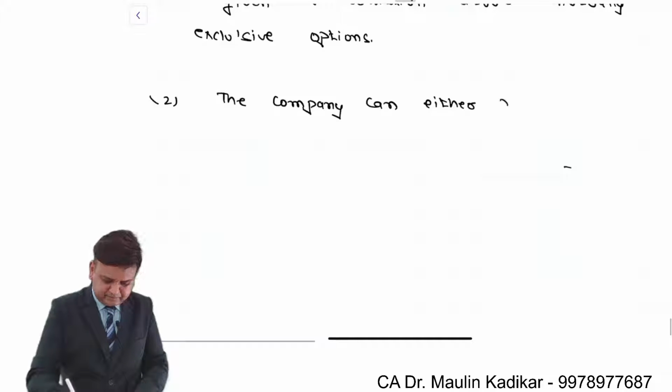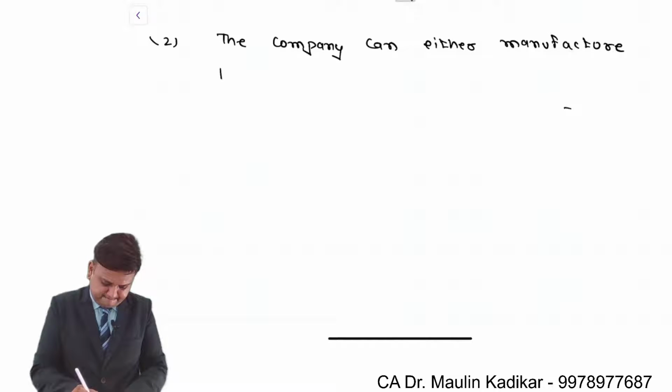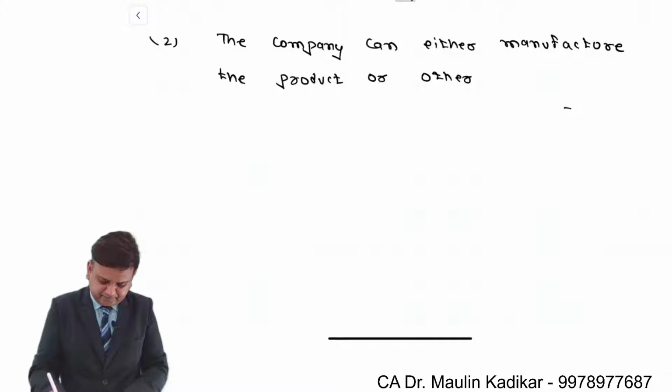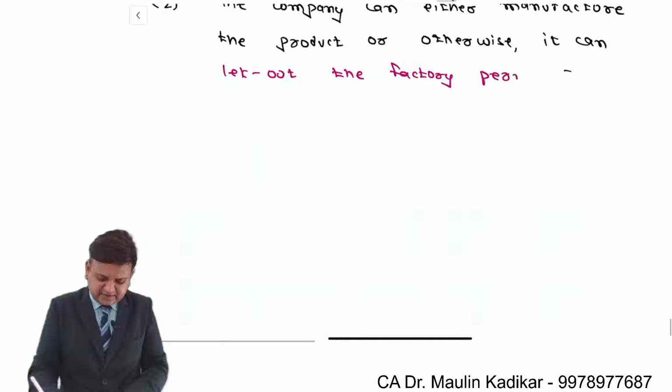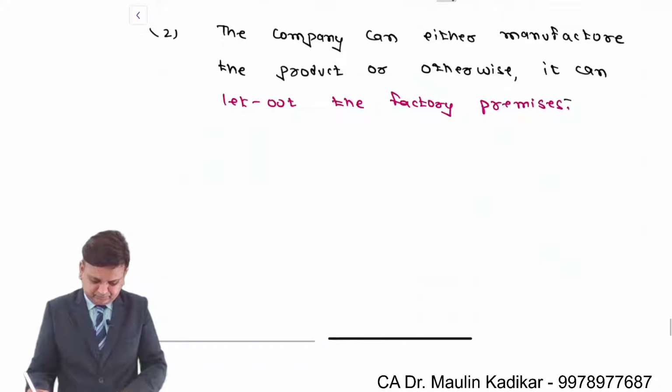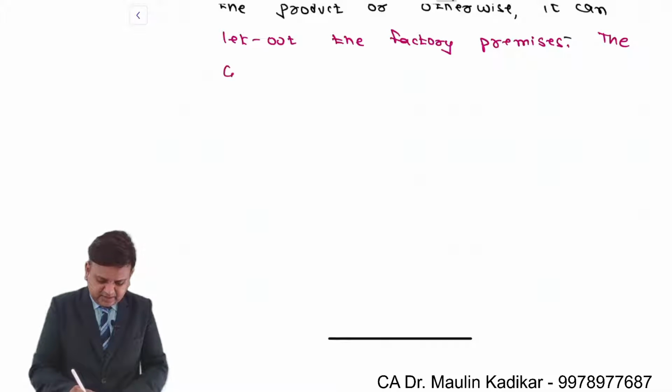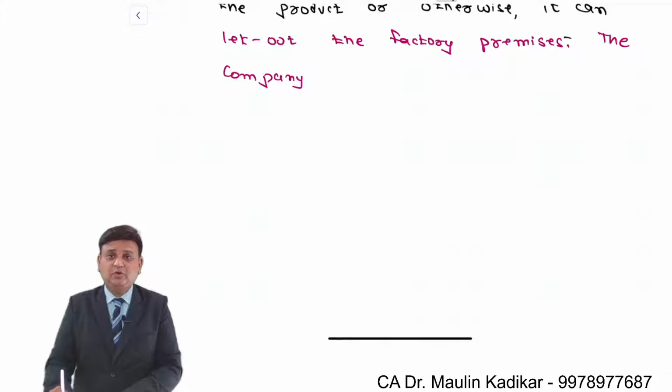Second point, the company can either manufacture the product or otherwise it can let out the factory premises. The company cannot do both.